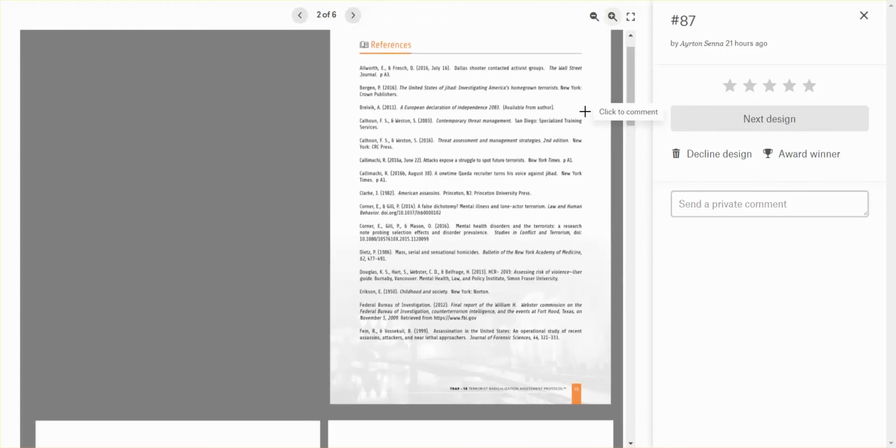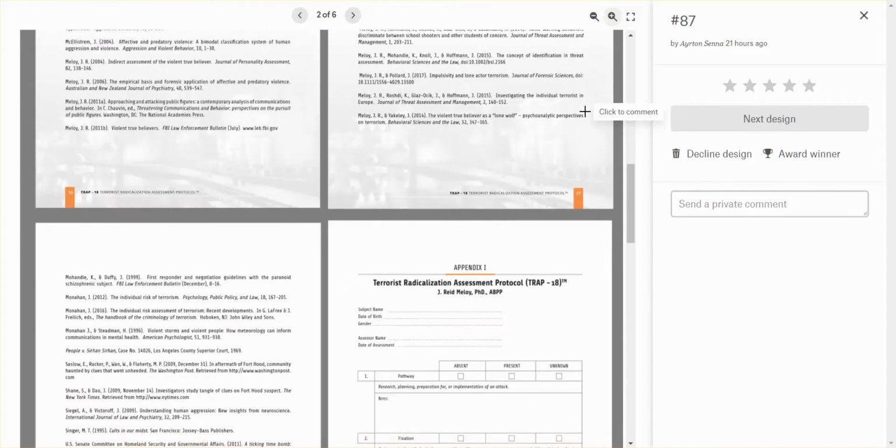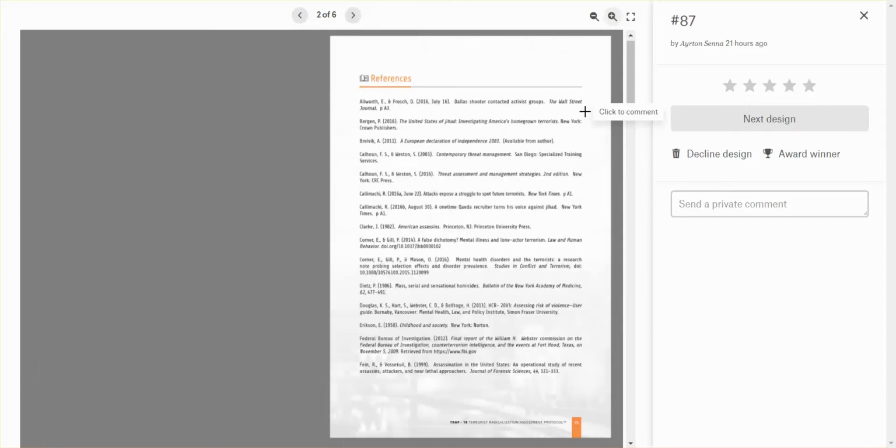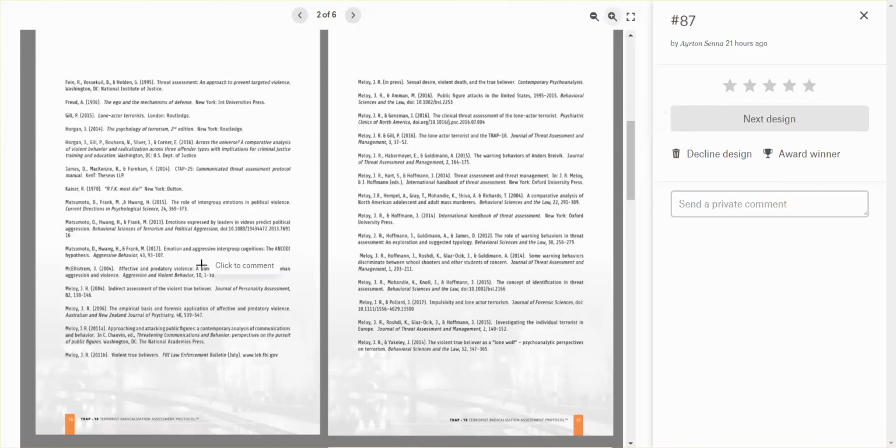These look fine. I think we can probably add at least one more down here, one or two more on this page, right?